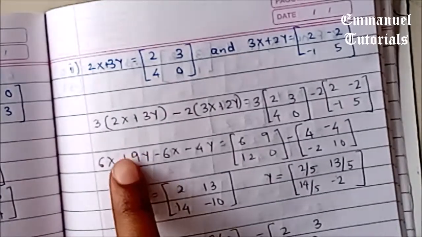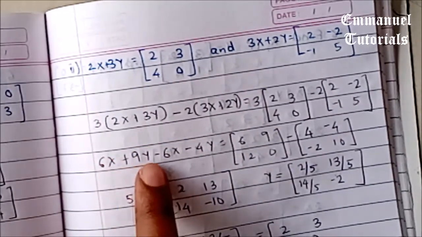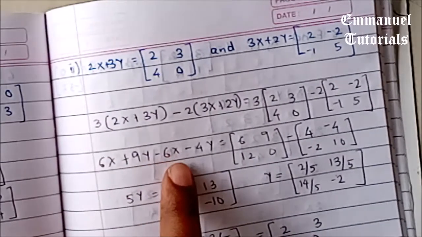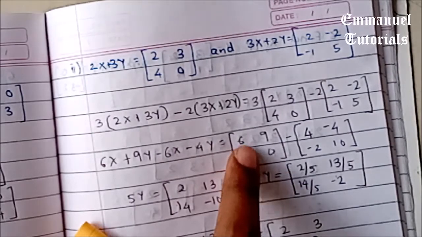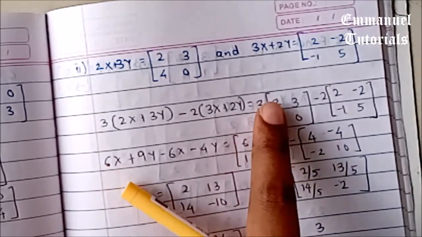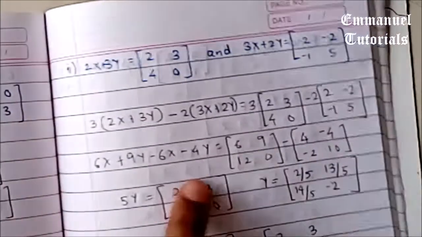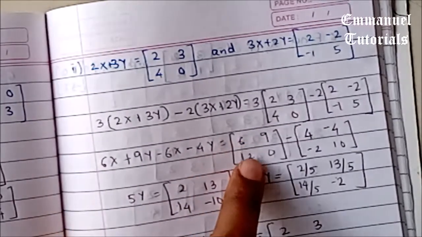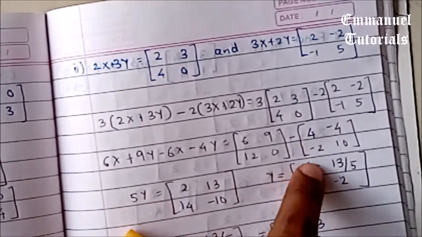So what we get is 3 into 2x plus 3 into 3y, which is 6x plus 9y, minus 6x minus 4y, which is equal to 3 into the first matrix minus 2 into the second matrix, which gives us [6, 9, 12, 0] minus [4, -4, -2, 10].